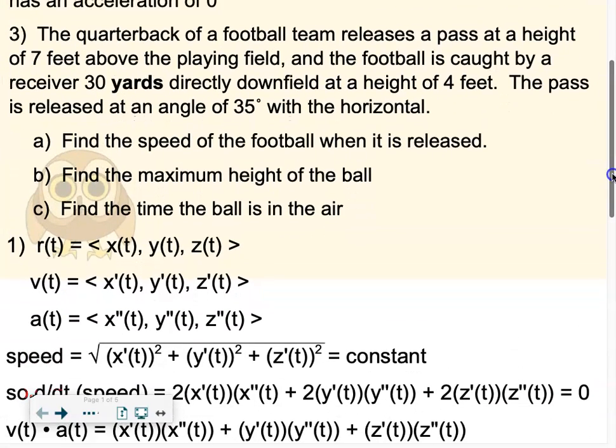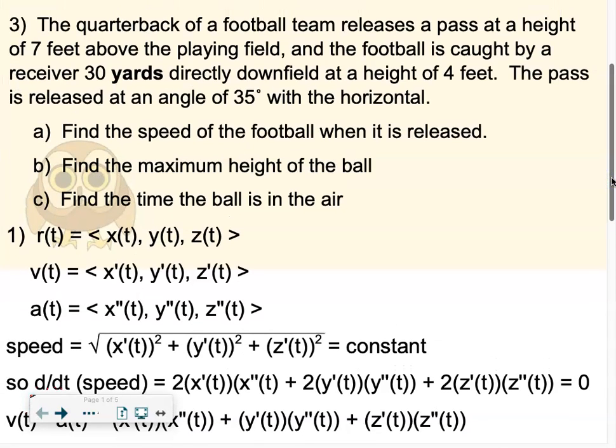The last one is the one that I really want to focus on, which is the quarterback of a football team releases a pass at a height of 7 feet above the playing field. And the football is caught by a receiver 30 yards directly downfield at a height of 4 feet. The pass is released at an angle of 35 degrees with the horizontal. So from this, we know two things right off the bat.